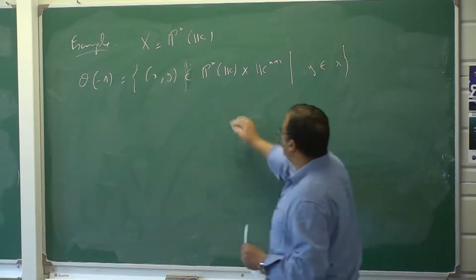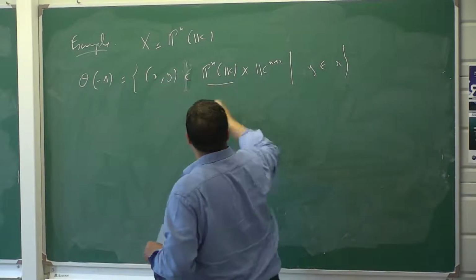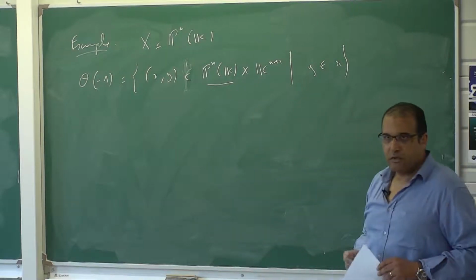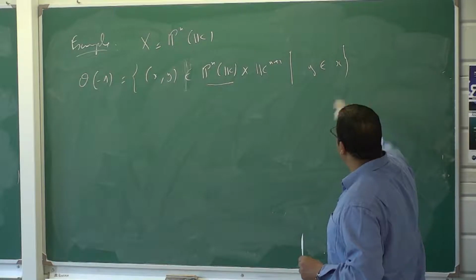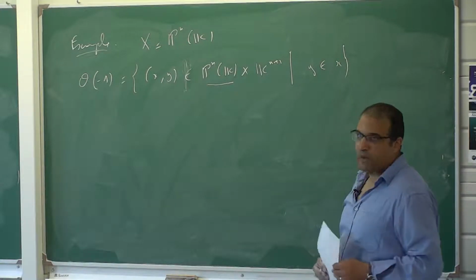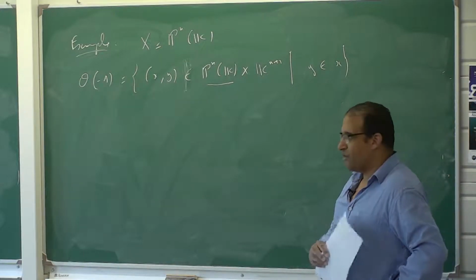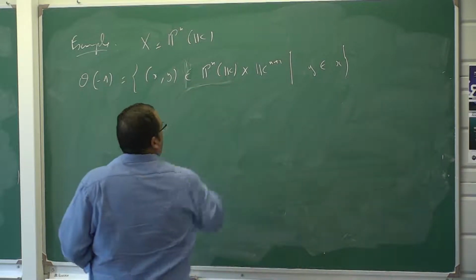So the element of projective space is also a line of 0 in k^(n+1), and we define this set. It's related to blowing up, if you remember the talk of yesterday.